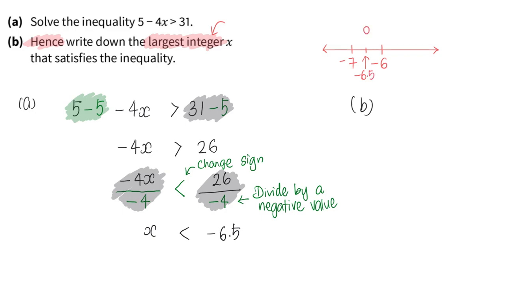So for this x, which has to be less than negative 6.5, the largest integer would then be negative 7, as seen from my working here in the number line. Okay, so x has to be negative 7, negative 8, negative 9, negative 10, and so on and so forth.